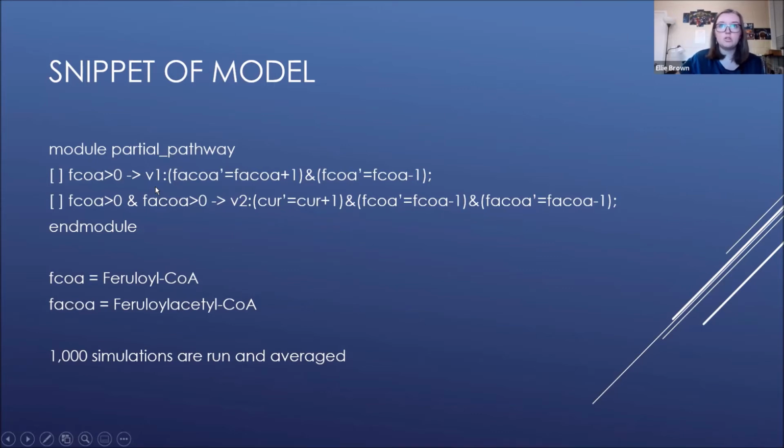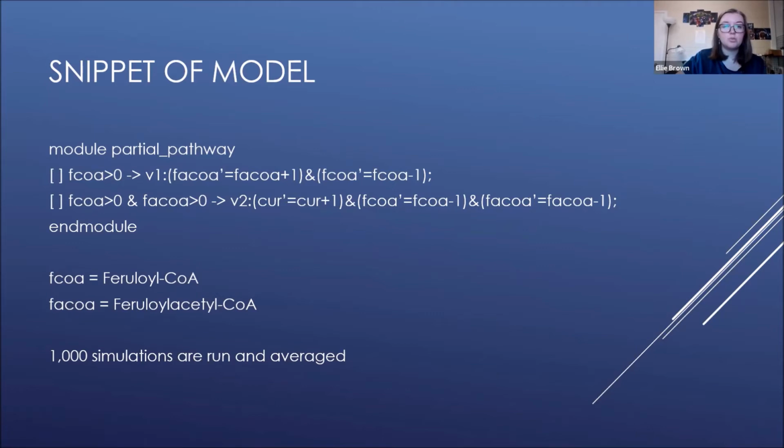So each simulation is thousands of steps, and at each step, the program looks through all of these reactions, chooses the ones whose guards are true, and then sums up all of the reaction rates. The ratio of each reaction to that sum is now the probability that it will happen.